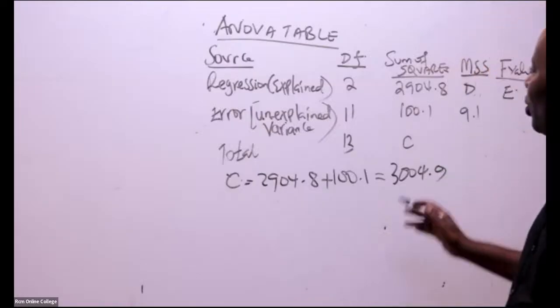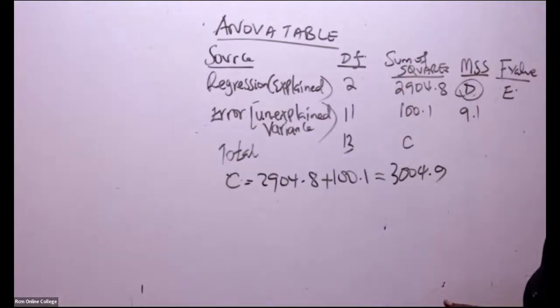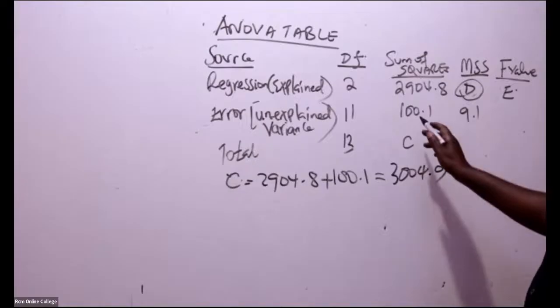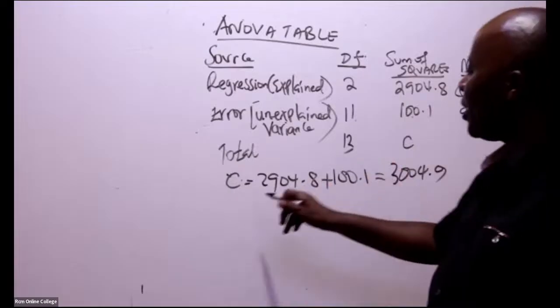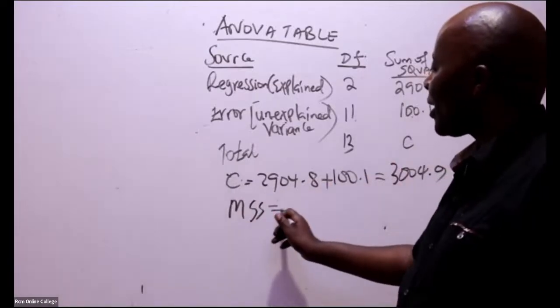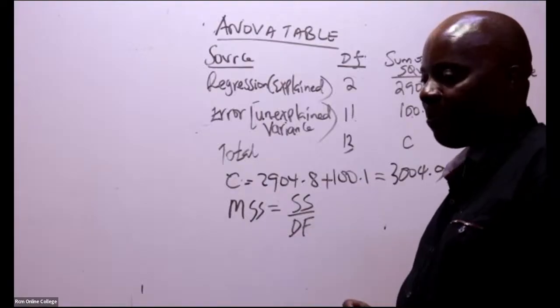What do you think we shall do to be able to get this D? D is the mean sum of squares. Mean means division, dividing. You can even come and try dividing. To get mean sum of squares, you normally take the sum of squares given, divided by degrees of freedom.